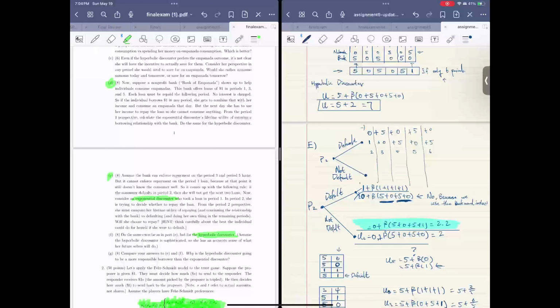But if you don't default, you have 0 plus 5 plus 0 plus 5 plus 0, I guess. But we said it's going to default. Then there's no difference between this and this. Okay, I'm confusing myself. Sorry.